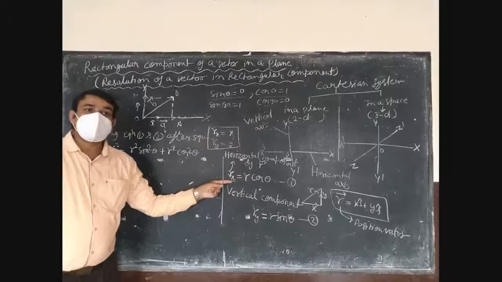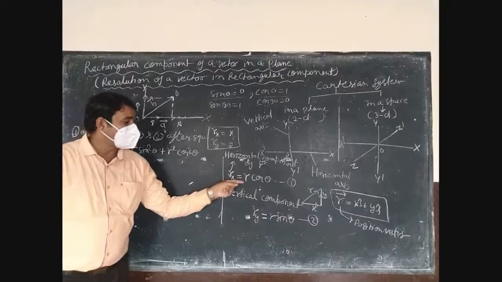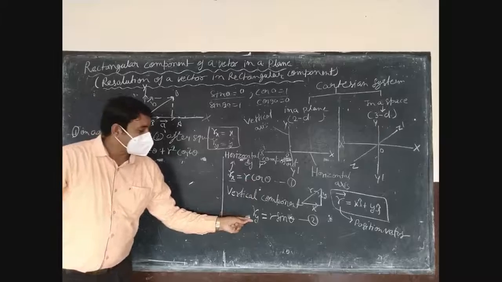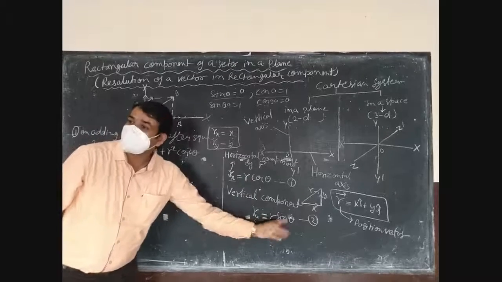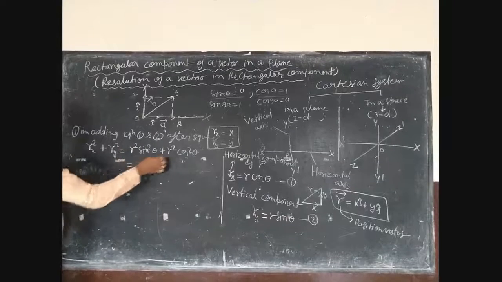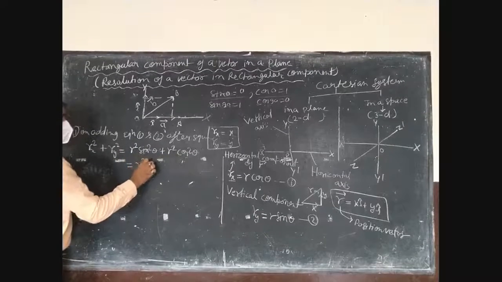Here, rx square is equal to r square cos square theta, and ry square is equal to r square sin square theta. Now r square is common in both the terms.